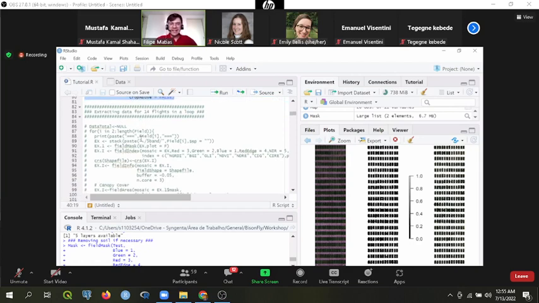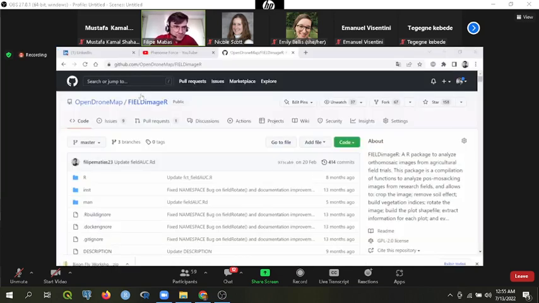Now, once we already did this, we already made some decisions here. If you want more information about all the steps here, you can check the Open Drone Map field image tutorial.